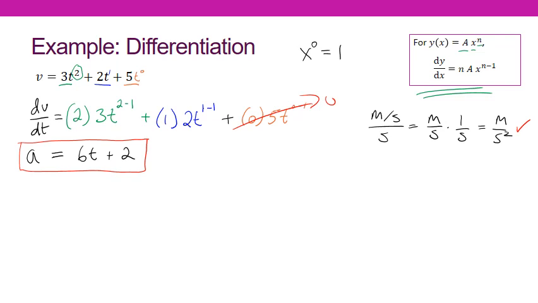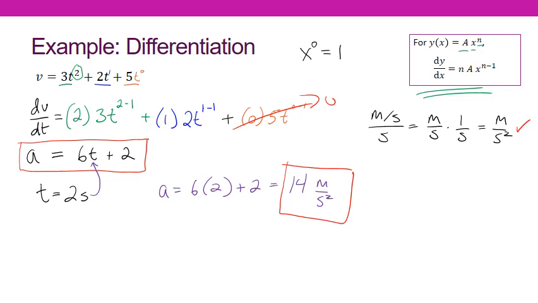And if we wanted to find the acceleration at t equals 2 seconds, we could take our value and now plug it into our acceleration function, the derivative that we found, and we would get that our acceleration is equal to 6 times 2 plus 2, or in other words, this is 14 meters per second squared.